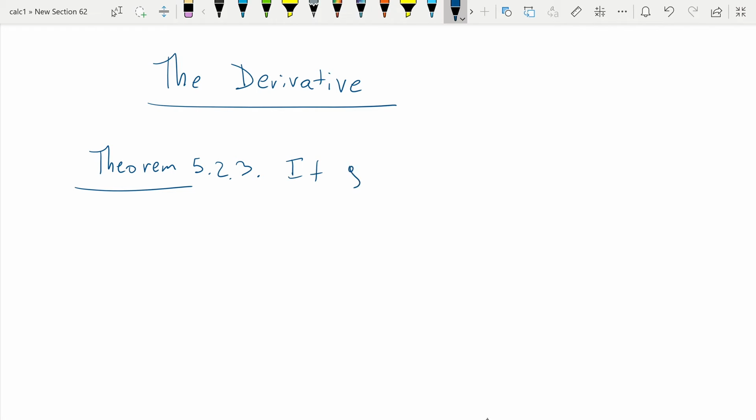This was also given to you in Calc 1 as a property of differentiable functions, and you used it plenty of times. If g is differentiable at a point, then it is continuous at the point.